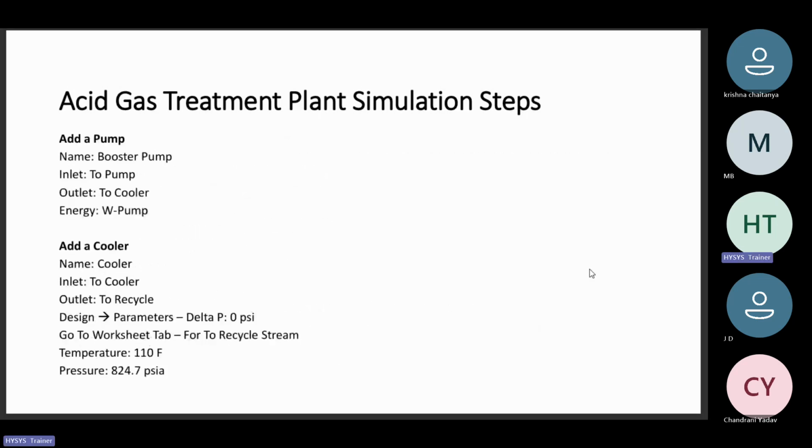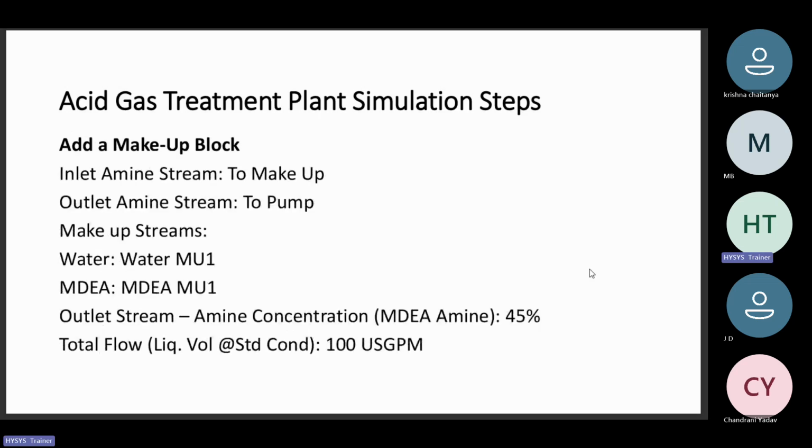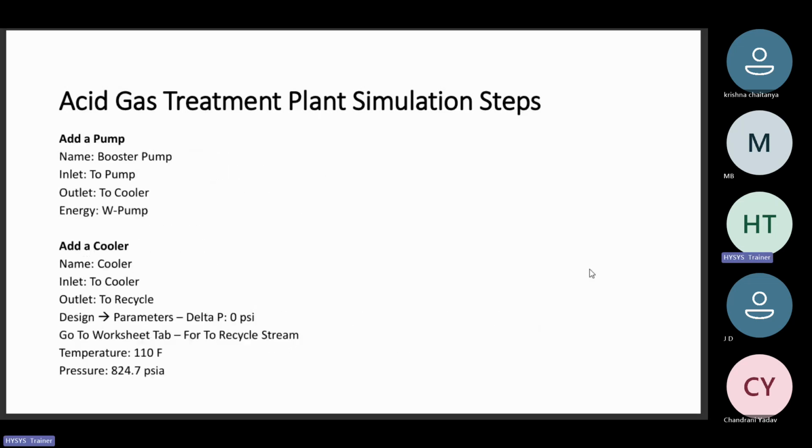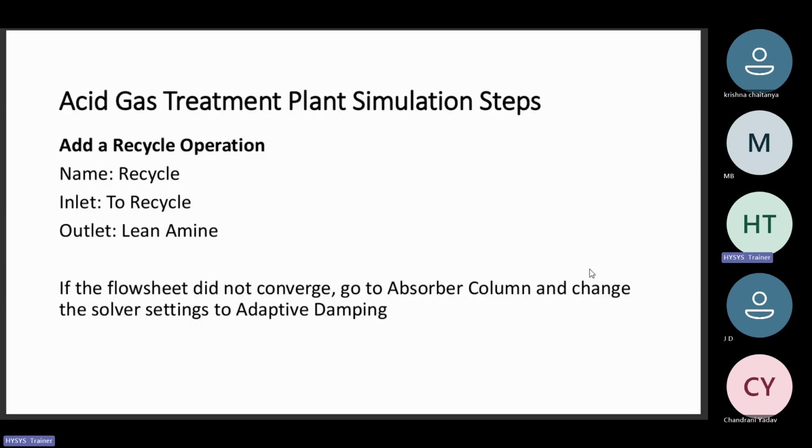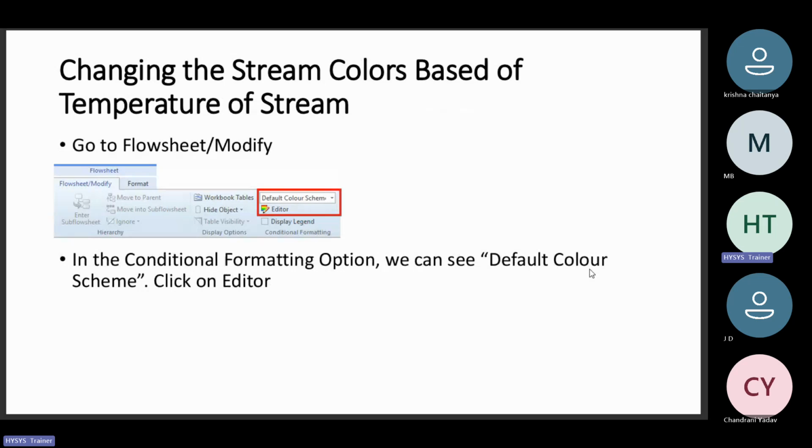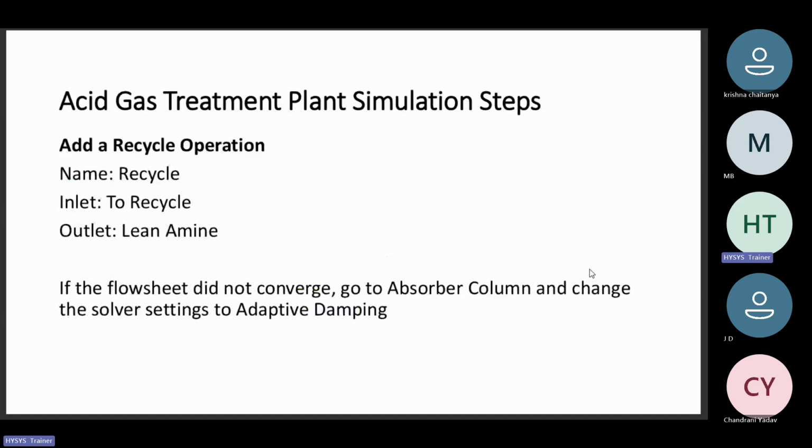And following the makeup block, we will be adding a pump and a cooler. After this, we will be simply adding a recycle operation. And then we will see how the stream colors are added based on different temperature ranges.